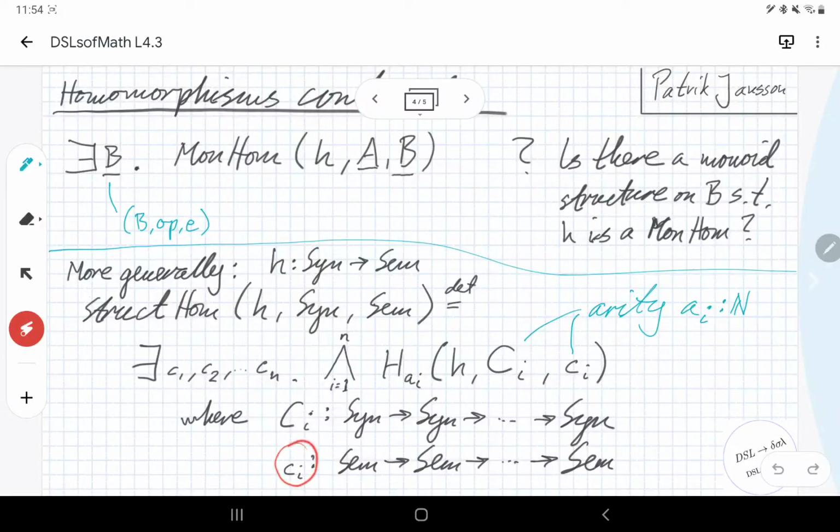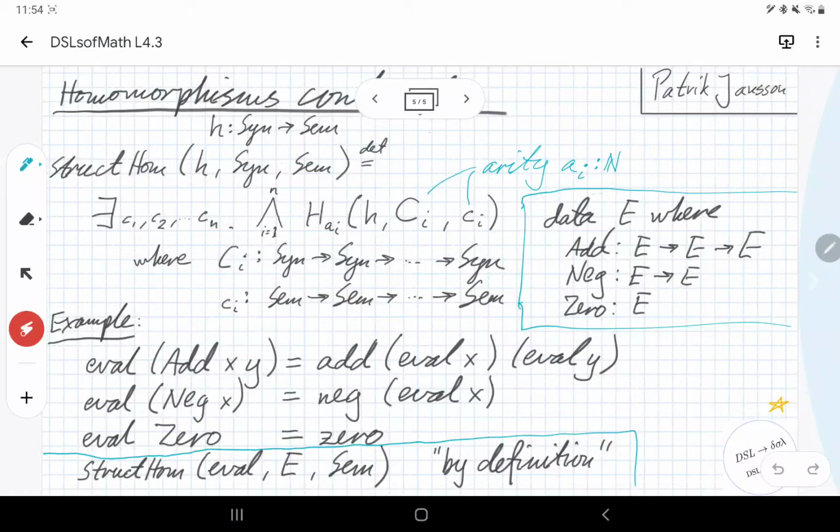And the corresponding semantic function ci is completely living in the semantic world. Its arguments and its result type are this Sem, which the h returns. So this structural homomorphism predicate is just saying that there exists some function h that satisfies some collection of functions ci that satisfies this.